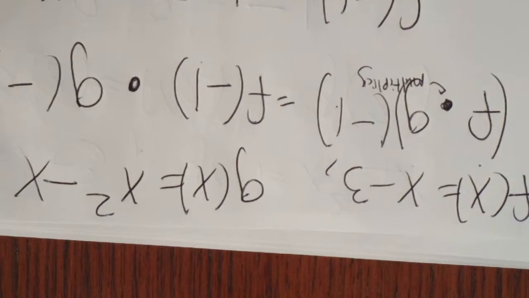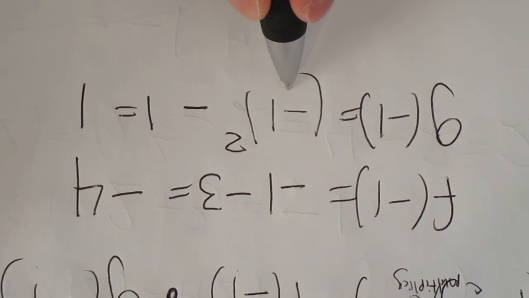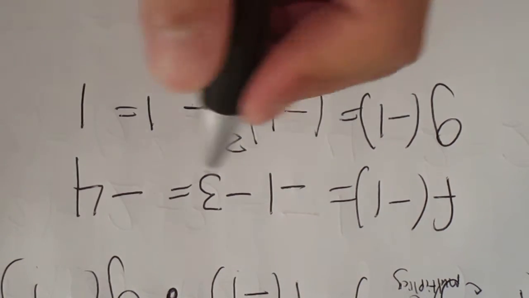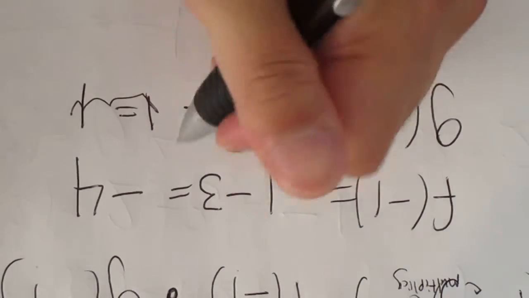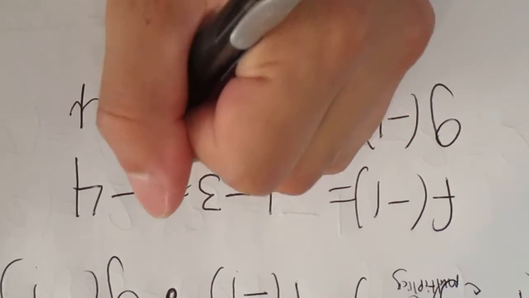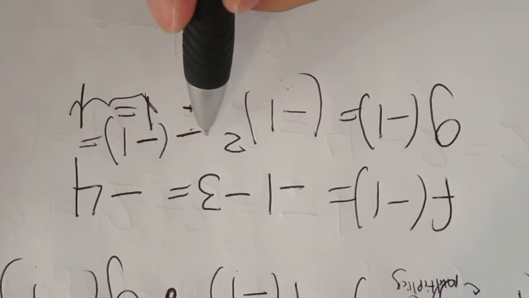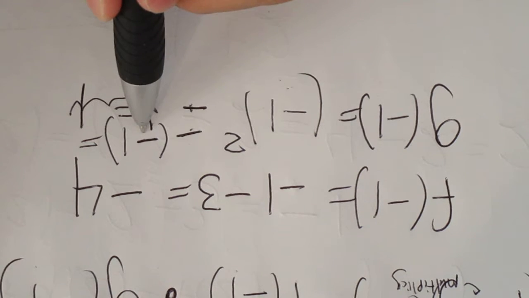Oh wait, I messed up right here. So it's 1 squared minus, I always get confused here, minus a negative 1, right? Because the original function g of x is x squared minus x, so you have a minus and a negative 1.